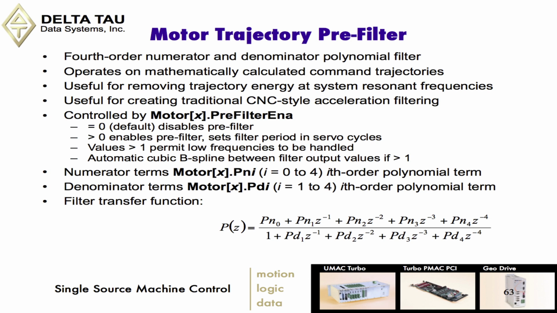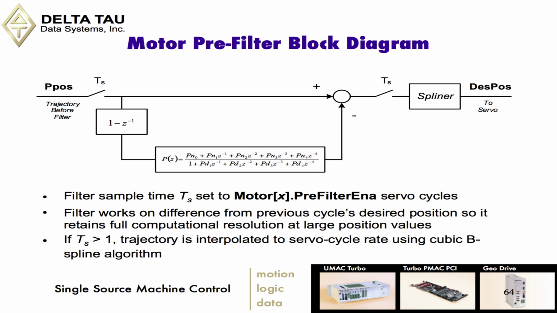If we make it greater than 0, it turns on the filter and sets the filter period in servo cycles. I won't go into the details of the motor pre-filter, but there is an automatic setup feature that we have in the IDE that will allow you to set this up.